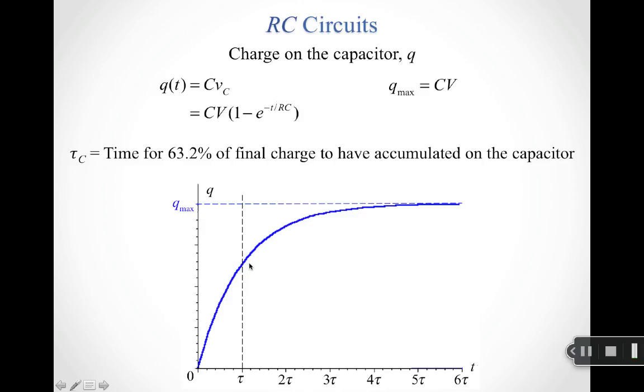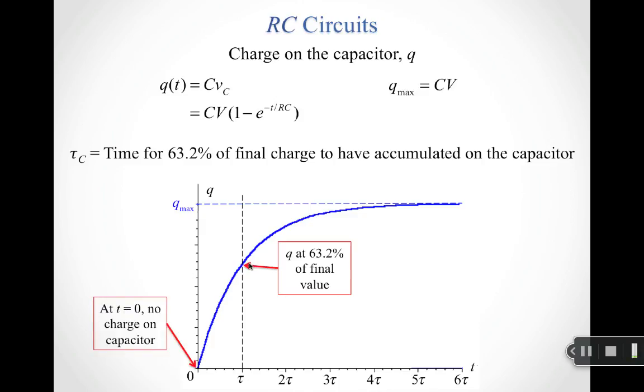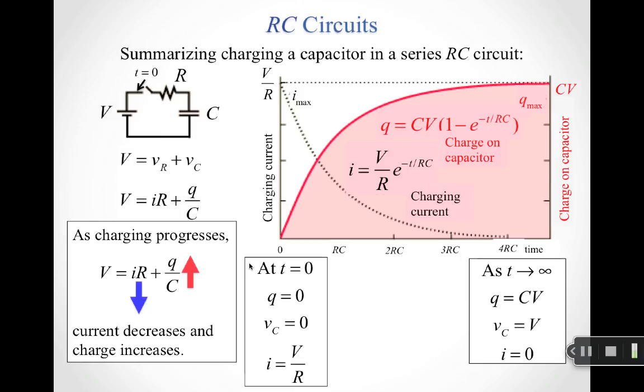And again, our time constant tells us when we've built up 63.2% of that final charge. No charge at t equals 0, 63.2% of the final value at one time constant, and then we have a fully charged capacitor as t gets really large.